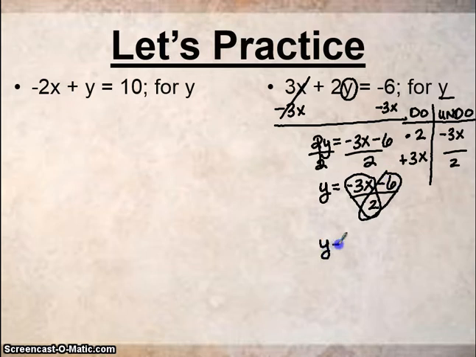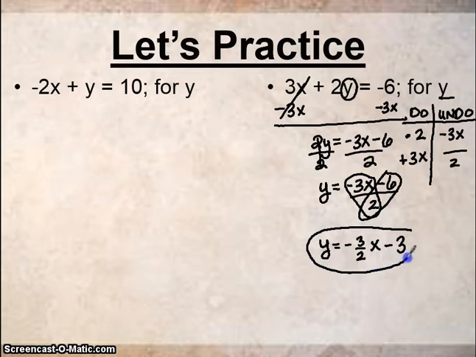So we get y equals negative 3 divided by 2, and we'll just leave it saying negative 3 over 2, negative 3 halves, x, and negative 6 divided by 2 makes negative 3. So our equation is y equals negative 3 halves x minus 3. I prefer you to leave this as a fraction versus changing it to a decimal. Unless it divides in a whole number, just leave it as a fraction and you can reduce that fraction.